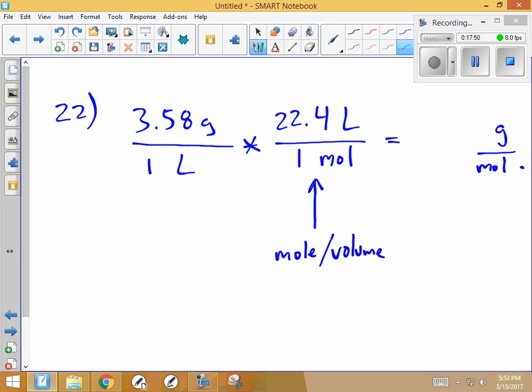And all we have to do is multiply 3.58 by 22.4. The liters cancel, and we're left with grams over moles. And rounding to 3 significant figures, we get 80.2 grams per mole is the molar mass.